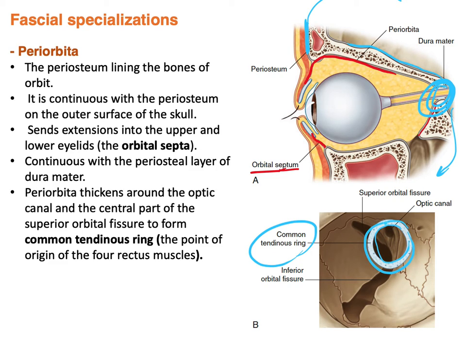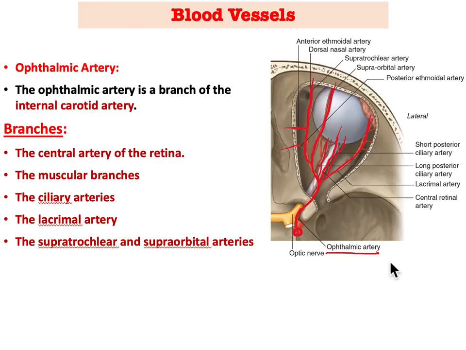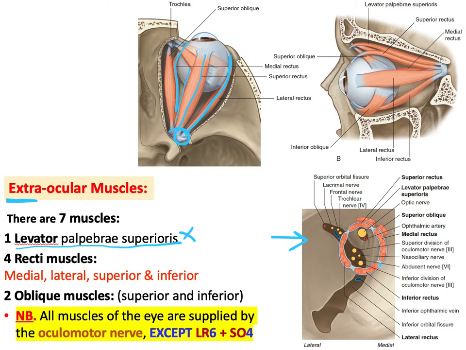So it's the origin of recti muscles: superior, inferior, lateral, and medial recti muscles. This is the common origin of these muscles, right? The recti muscles, the 4 sisters, I would say.